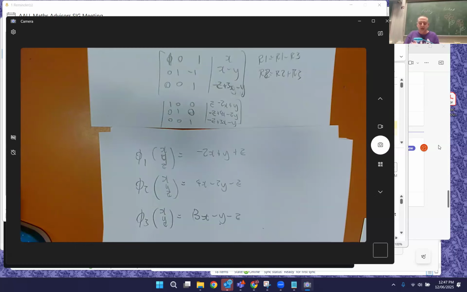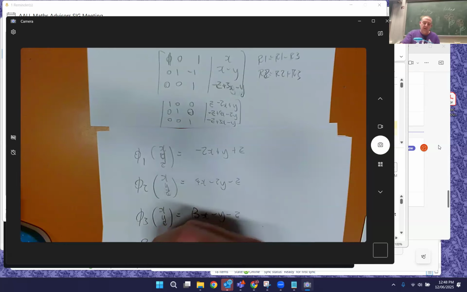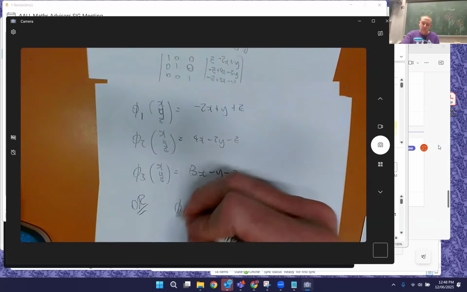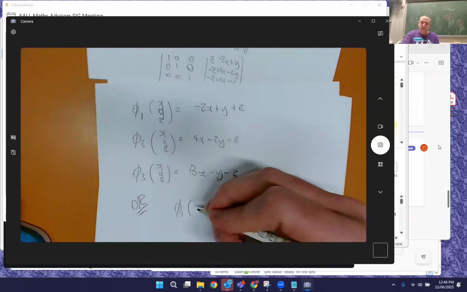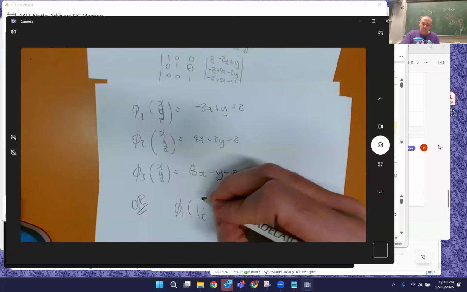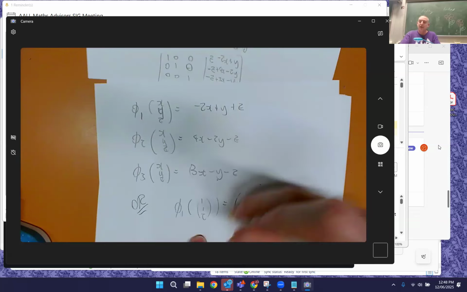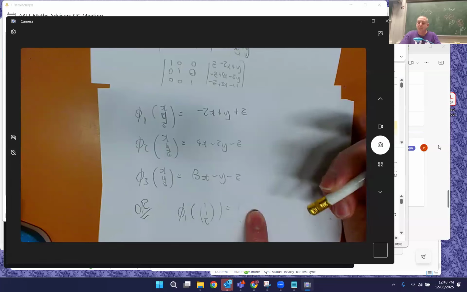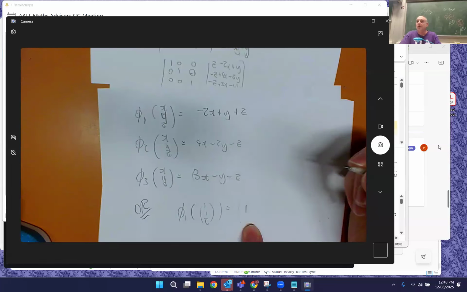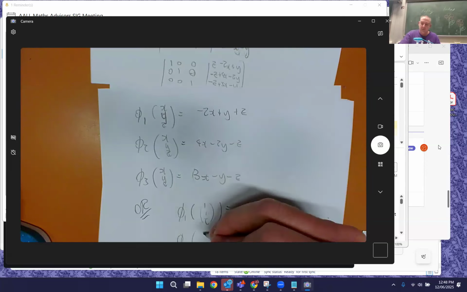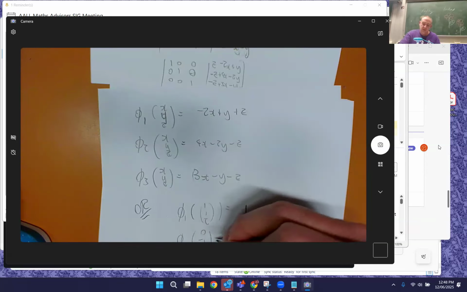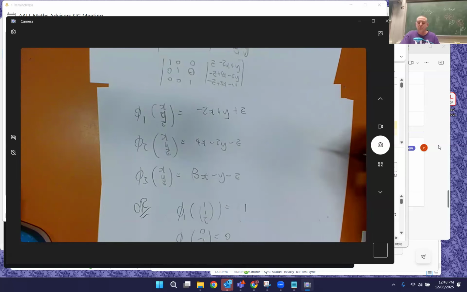Yeah, but you could theoretically have said you need that phi 1 of 1, 1, 2 has to come out to 1. And phi 1 of 0, minus 1, 1 has to come out to 0. And so you could have given this one names.